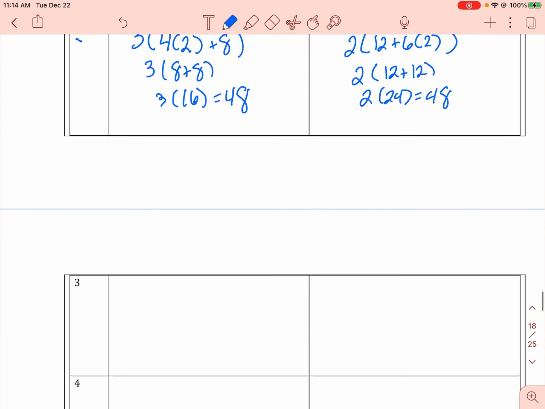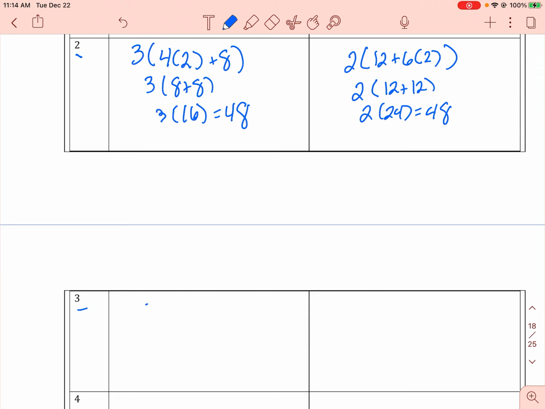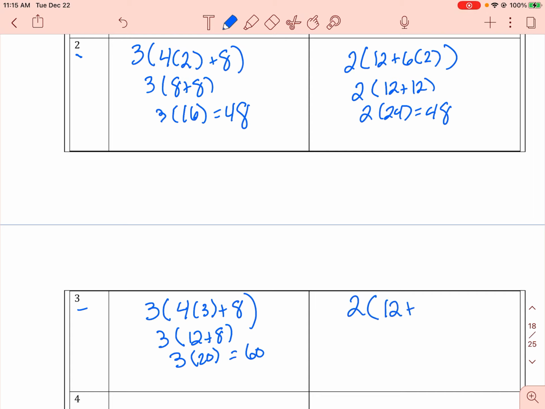So see how no matter what number I'm plugging in, I get the exact same on both sides. So here, let's substitute 3. I get 60. Two times 30 is also 60.